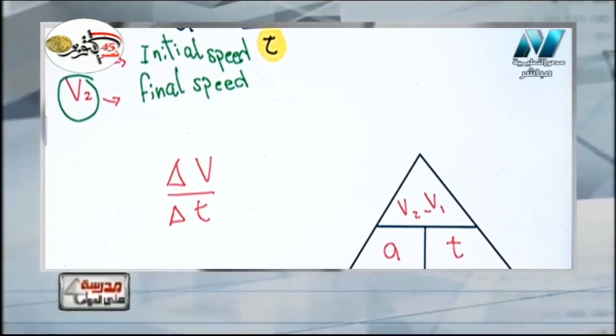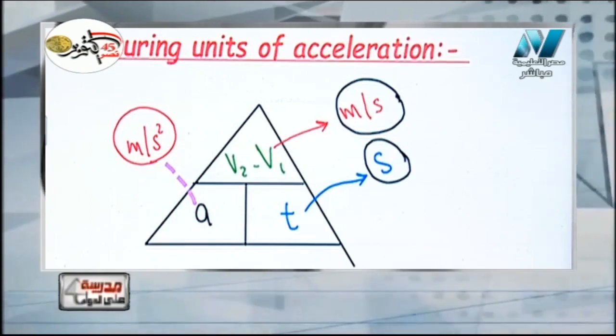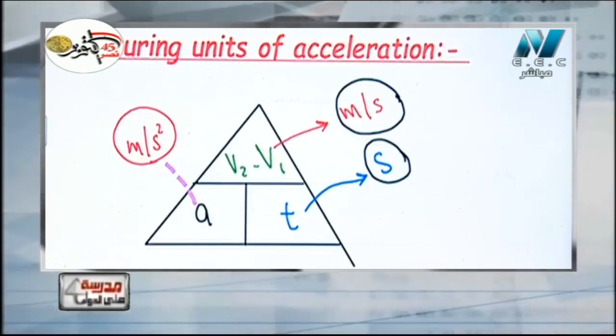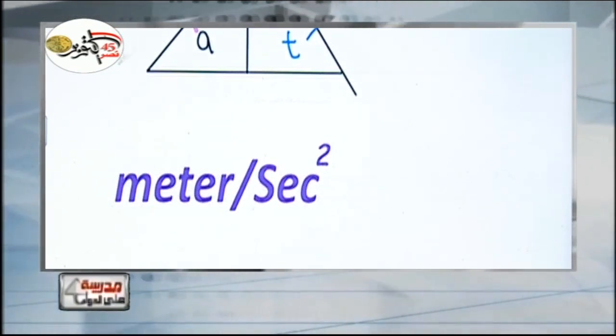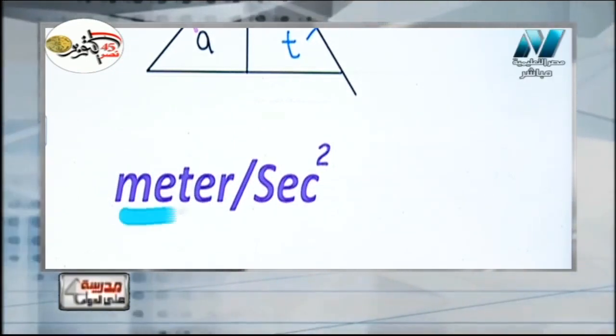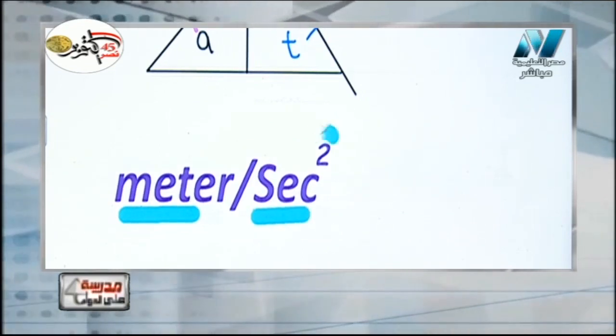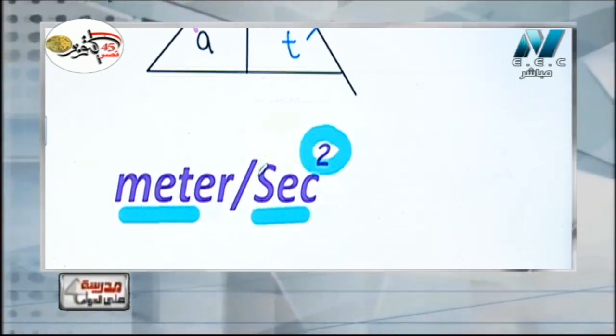So now we know the mathematical law and the measuring unit of acceleration: meter per second squared.